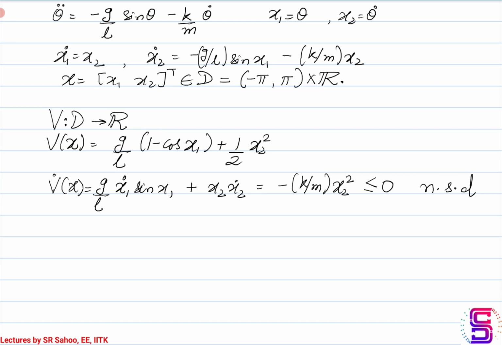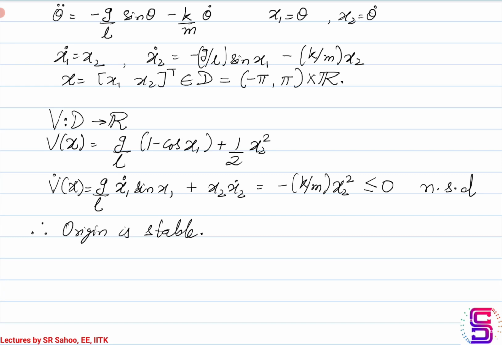So from the chosen Lyapunov function, we can only conclude that origin is stable. We cannot conclude about asymptotic stability. Okay, but what you see here is, with the term minus k by m theta dot that acts as a damping term, the amplitudes of oscillation for the simple pendulum will keep on dying out, and finally it will go towards origin asymptotically.